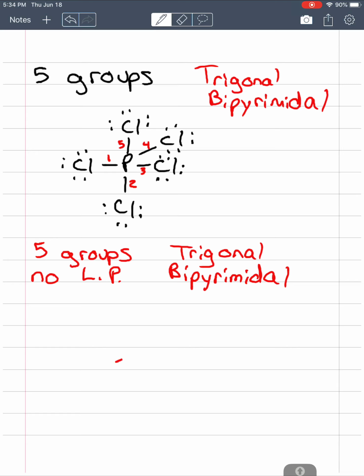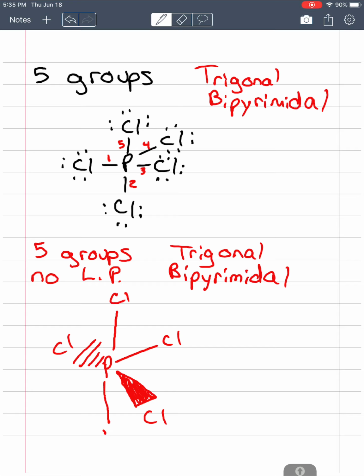And these have one part of it where it's a trigonal planar section around the middle. And then you have something that goes straight up, something that comes straight down.